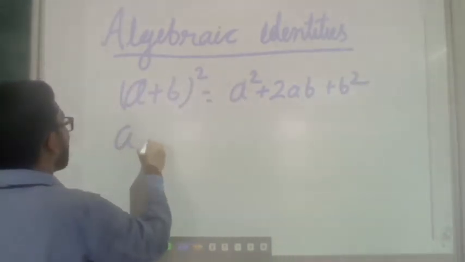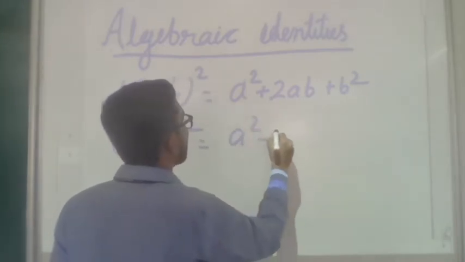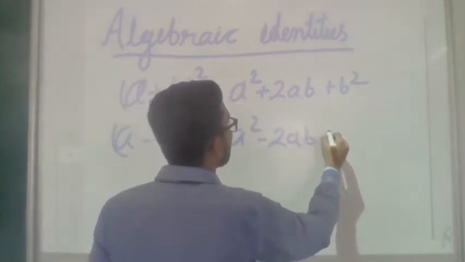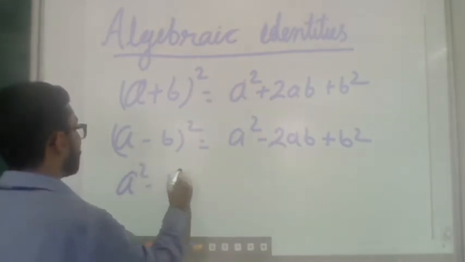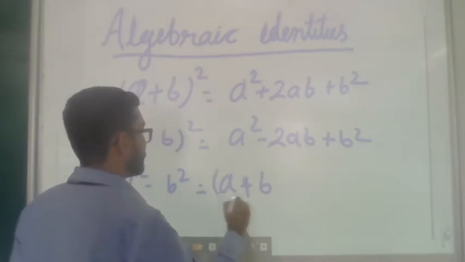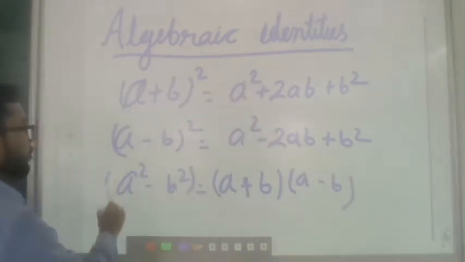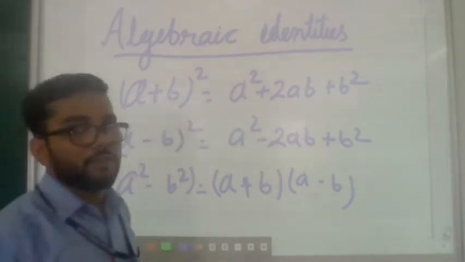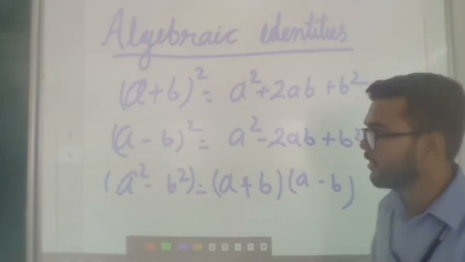Similarly, a minus b whole square is a square minus 2ab plus b square, and a square minus b square will be a plus b into a minus b. So these are the identities which you have seen in the previous few classes, in 6, 7, 8 also.